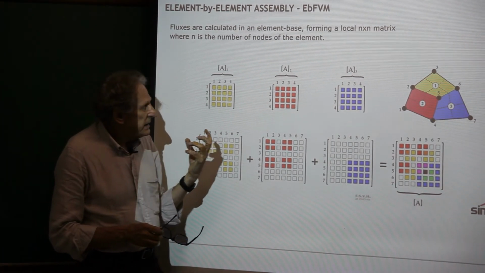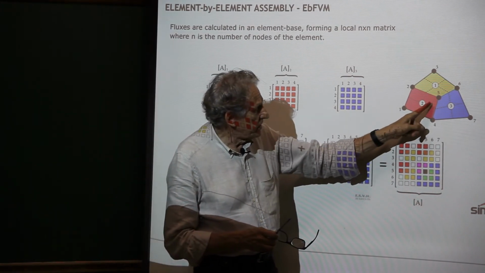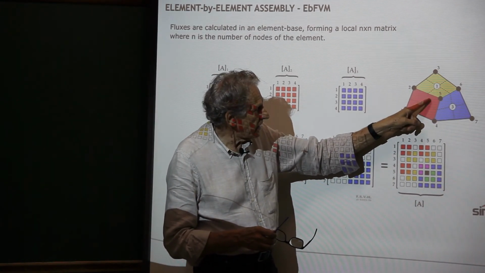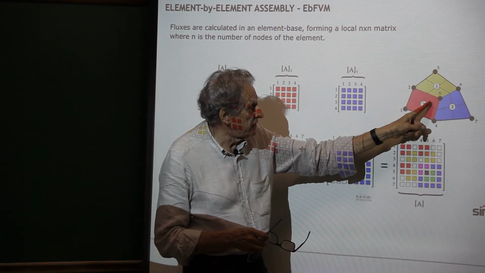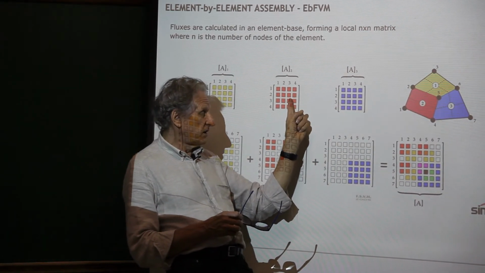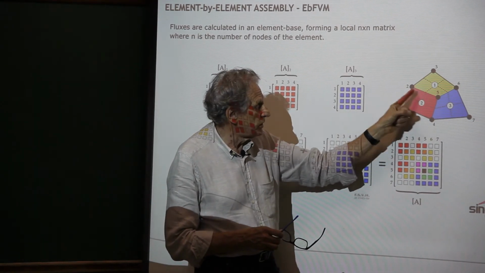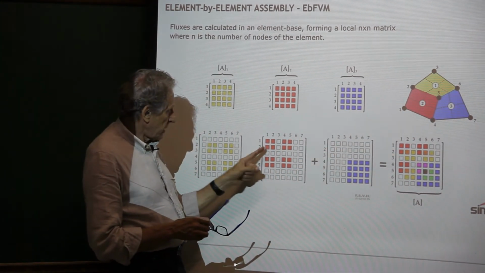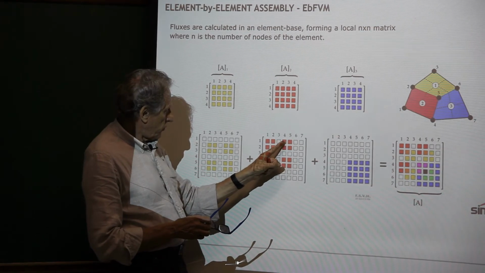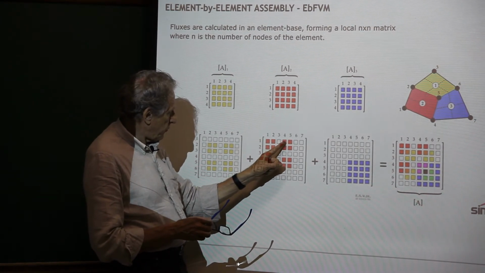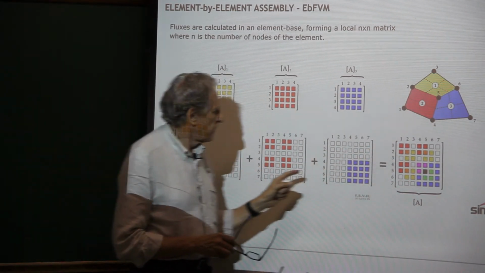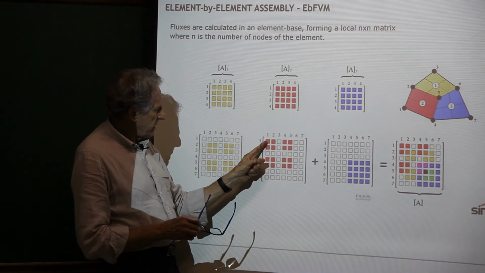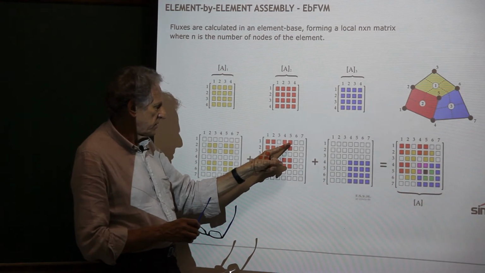How does the element 2 contribute? With this flux and this flux. What are the points which enter? When I'm calculating this flux, which is in this matrix, I'm going to use 4, 1, 2, and 3. 4, 1, and 2, and of course the 0.5.